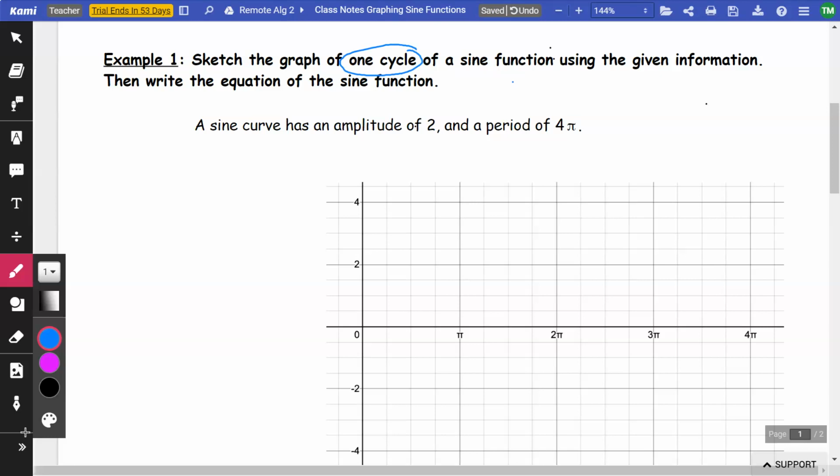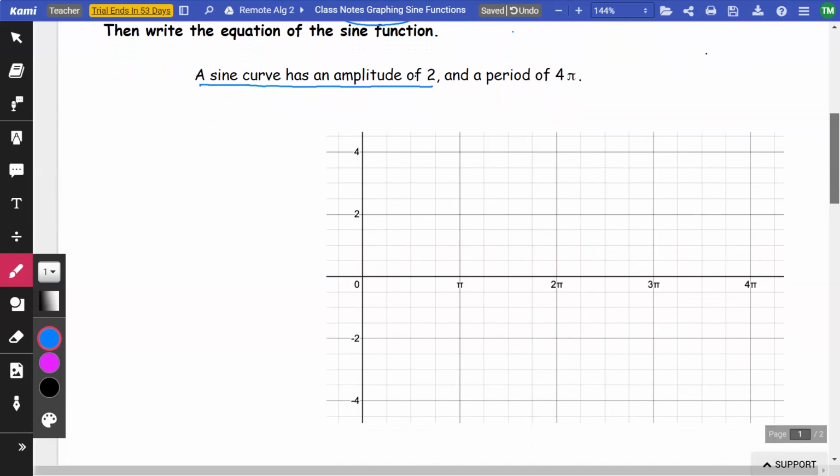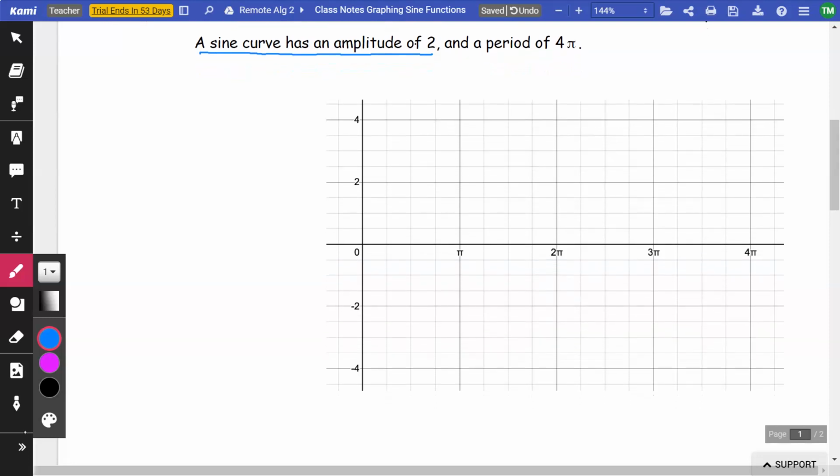So the first one tells us that a sine curve has an amplitude of 2 and a period of 4 pi. So the period tells me the horizontal distance of one cycle. So that means that one cycle occurs between 0 and 4 pi.